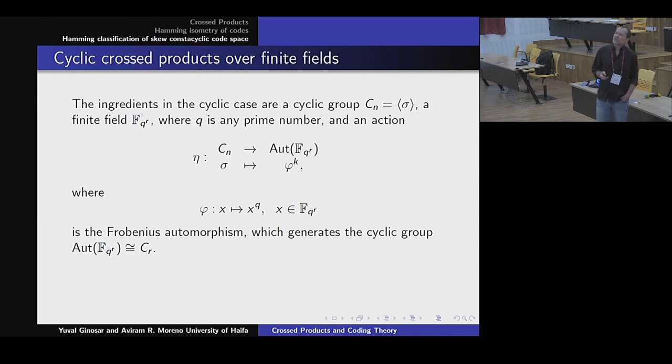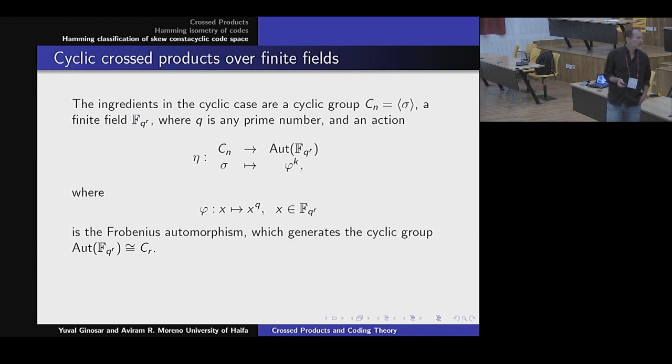An action of Cn on the automorphisms of this finite field is determined by the generator sigma. It goes to some power of the Frobenius automorphism, which, as you all know, generates the automorphisms of this finite field. Frobenius is of order r.